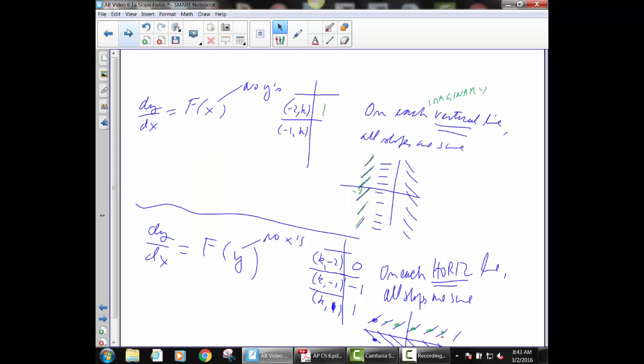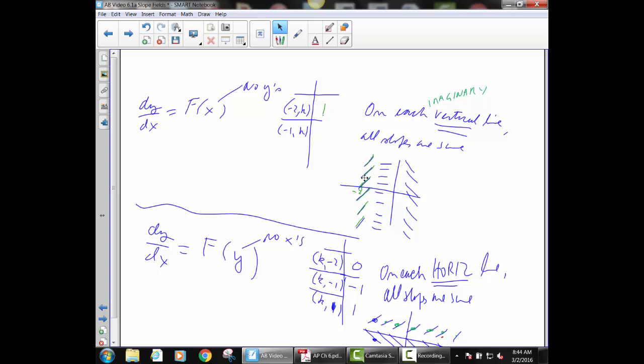Okay, now if they give you a multiple choice question, and they say which of the following is the slope field for the given differential equation, there are some little shortcuts. If there are no y's at all, then what's going to happen on each imaginary vertical line, all the slopes are going to be the same. As we saw in our example, let's say the slope at negative 2 comma whatever is 1.